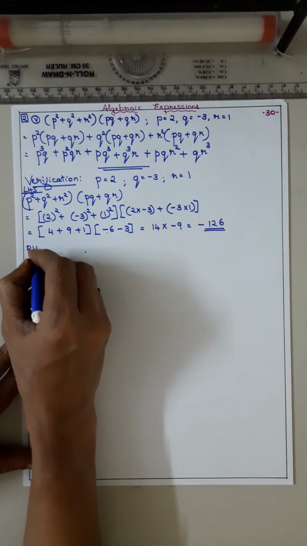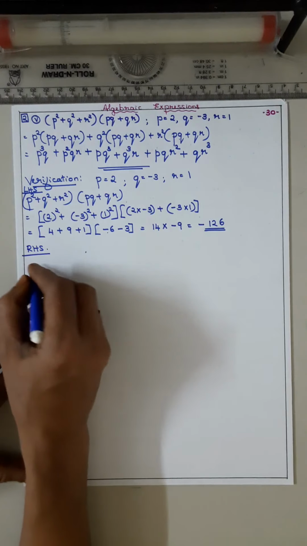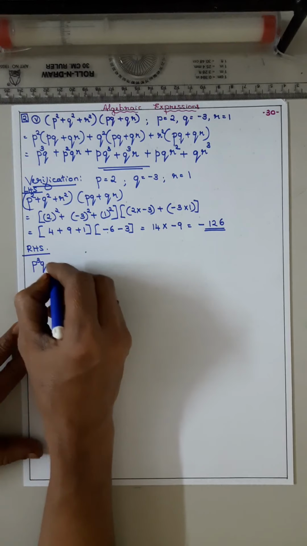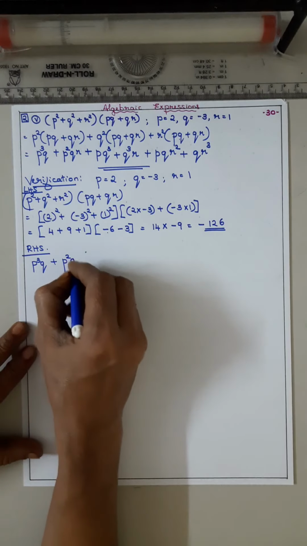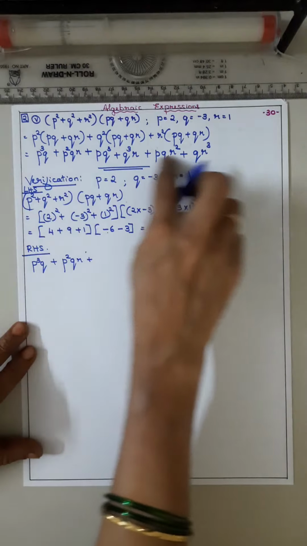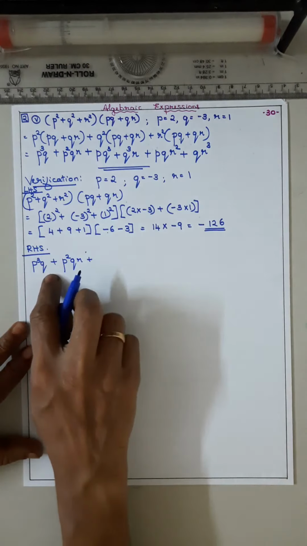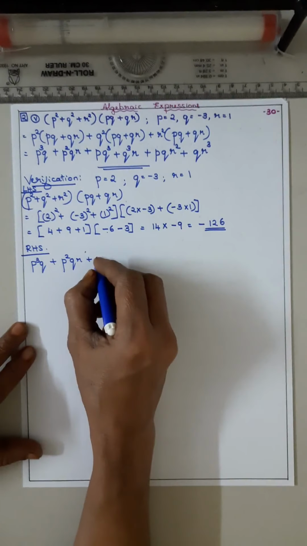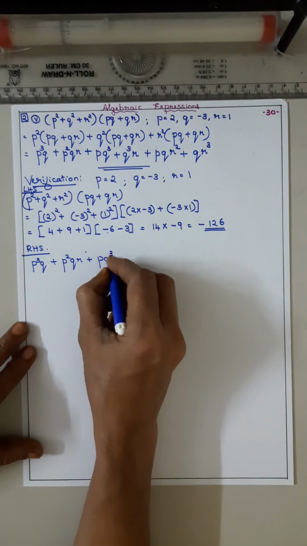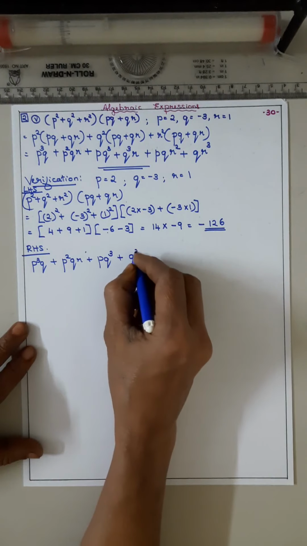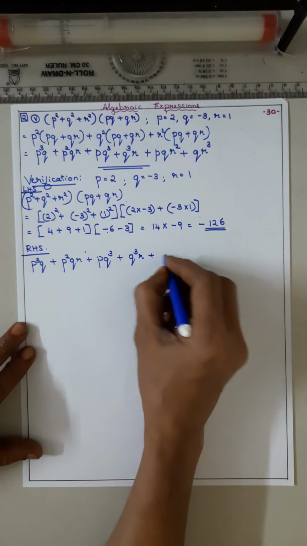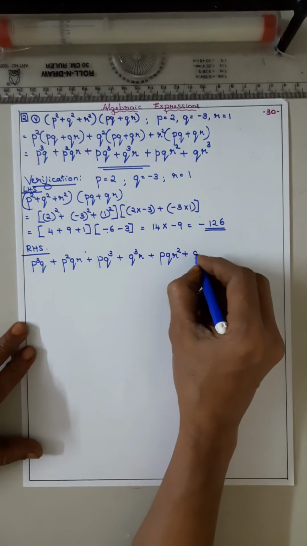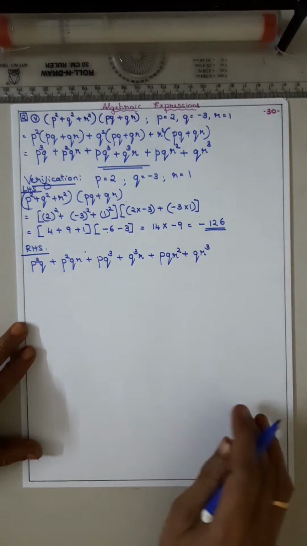Now RHS, very big, write it down. It is P cube Q plus P squared QR plus PQ cube plus Q cube R plus PQR squared plus QR cube.